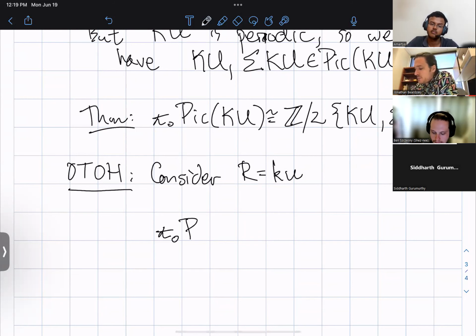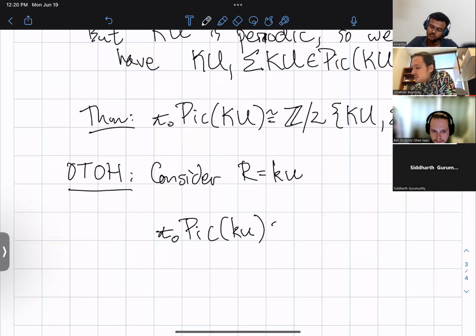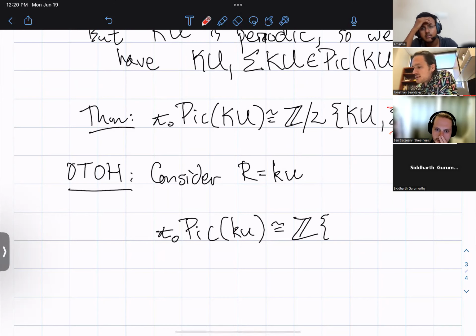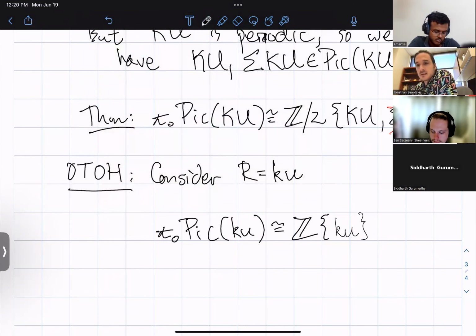And so pi 0 of pic of connective Ku is in fact the integers generated by, well, I guess I should not have said generated previously, right? I mean, it's generated by Ku. And then down here, the generator is again this little ku.